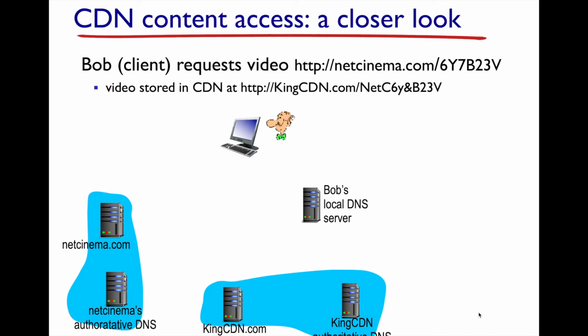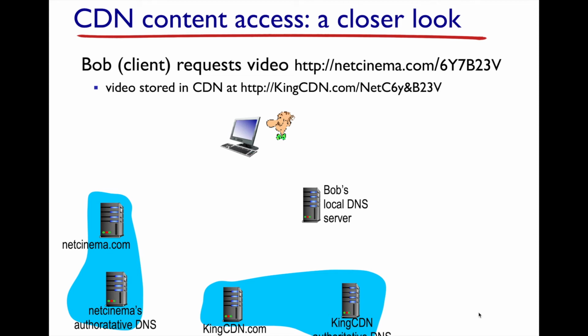And so this video, while it's encoded as being on netcinema.com, physically is stored in a content delivery network node instance, and that node instance is called kingcdn.com, and there's the suffix, which you'll notice looks similar to the suffix up above on netcinema.com. Now, of course, as a CDN node, it's going to have its own host name, but nonetheless, that video is located at the following URL on the King Content Delivery Network, or kingcdn.com.